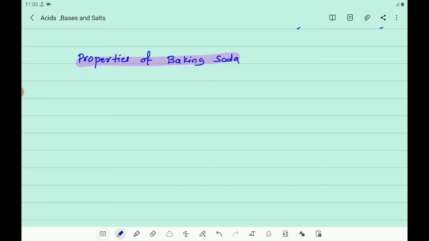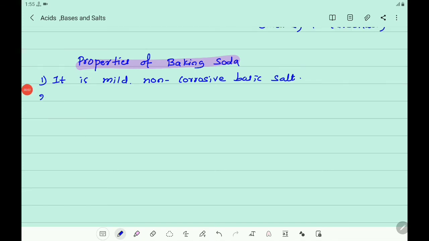If you check the pH of sodium hydrogen carbonate, you can correlate. It can be used to neutralize an acid. It is a mild non-corrosive basic salt.